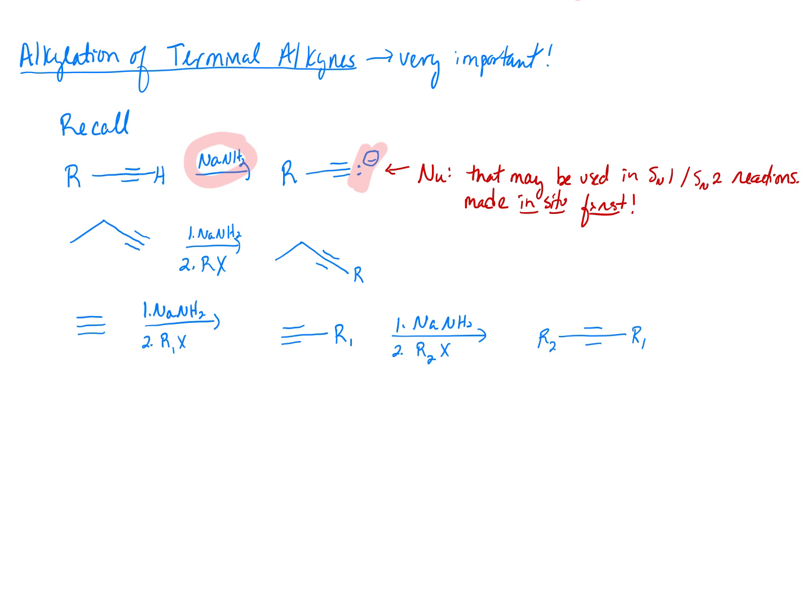If you then add an alkyl halide or something with a good leaving group, what that effectively does is it allows the negative charge that's built up here, so right there, to come in and kick out that X, whatever that leaving group is, and you get the R group attached to that triple bond.